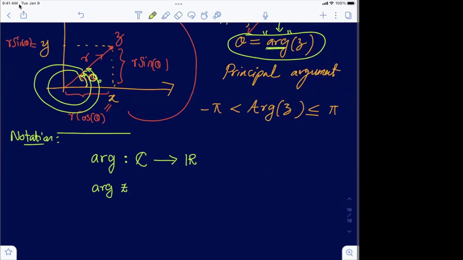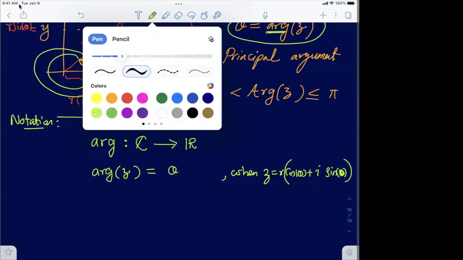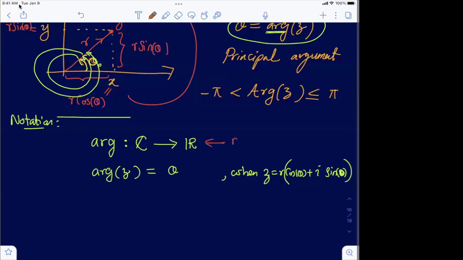So arg z is going to be theta when z is r cosine theta plus i sine theta. But this angle theta is not uniquely determined. Therefore, I'm going to call this assignment a multi-valued function.